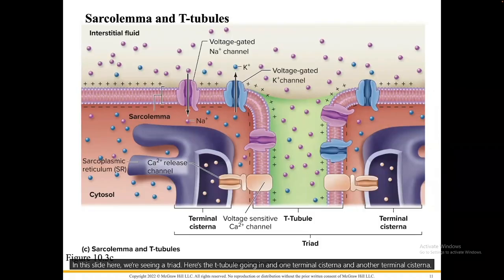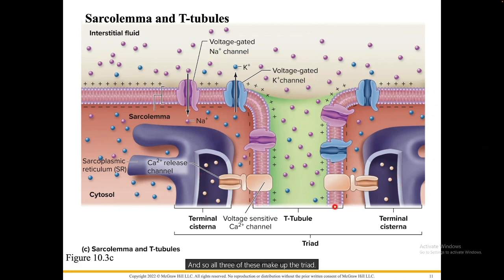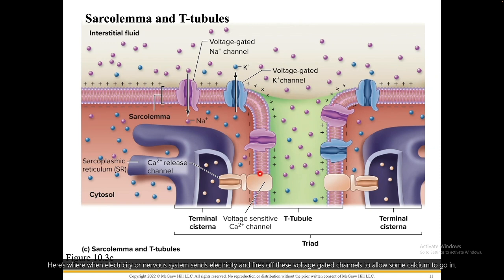In this slide here, we're seeing a triad. Here's the T-tubule going in, and one terminal cisternae and another terminal cisternae. So all three of these make up the triad. Here's where, when our nervous system sends electricity, it fires off these voltage-gated channels to allow some calcium to go in.